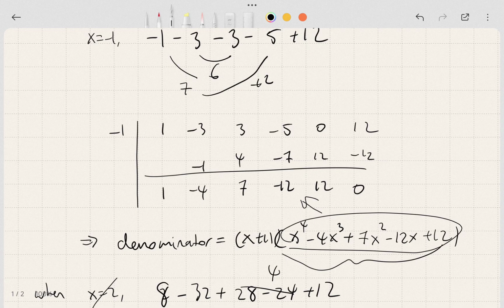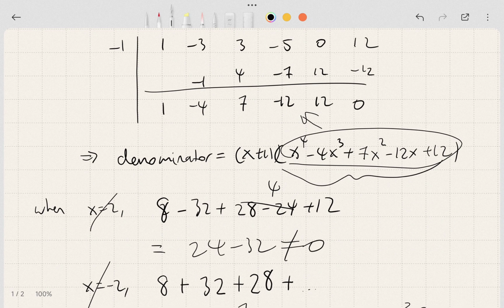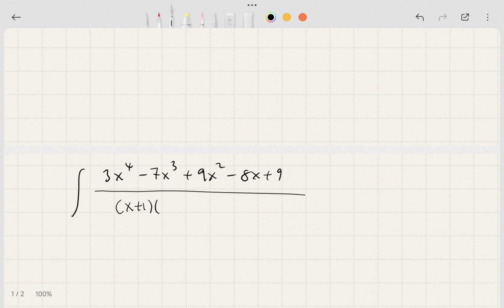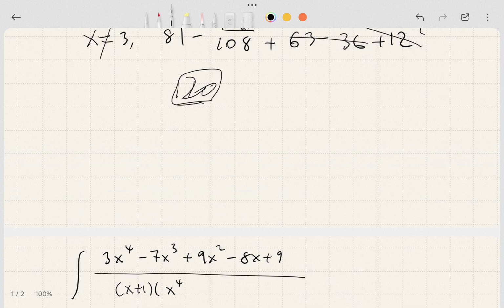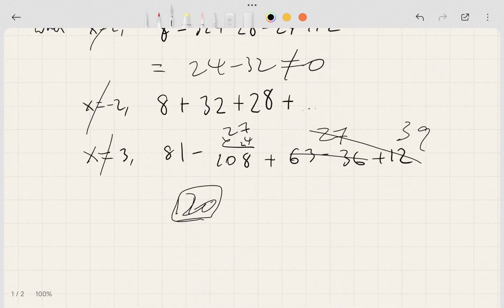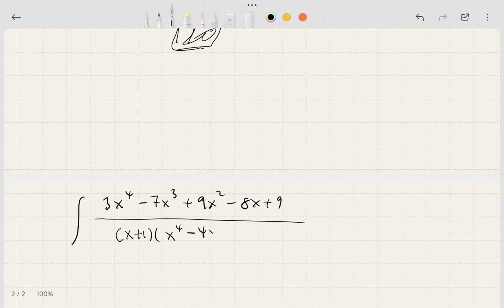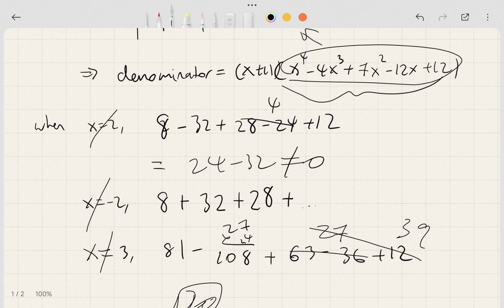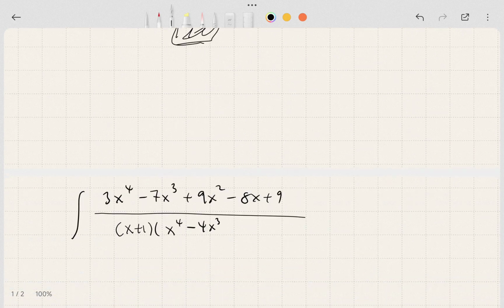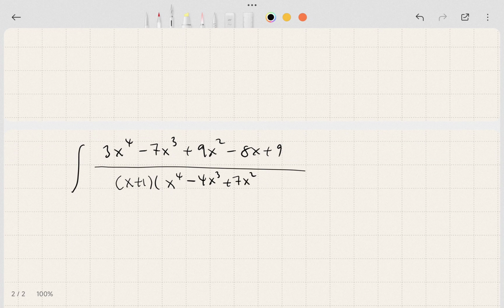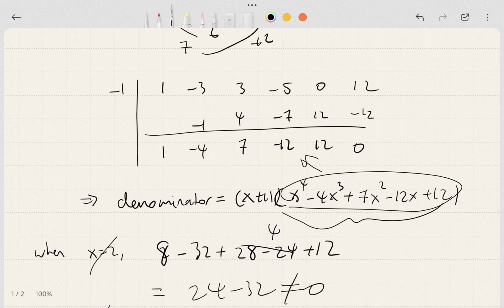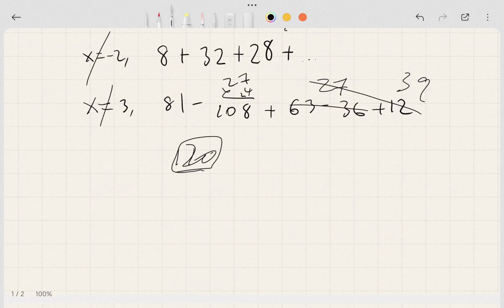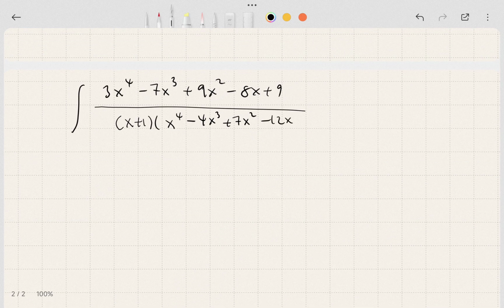Minus 4, plus 7, minus 12, 12. Okay, so it should be x to the power of 4 minus 4x cubed plus 7x squared and minus 12x plus 12, dx. Remember the dx.